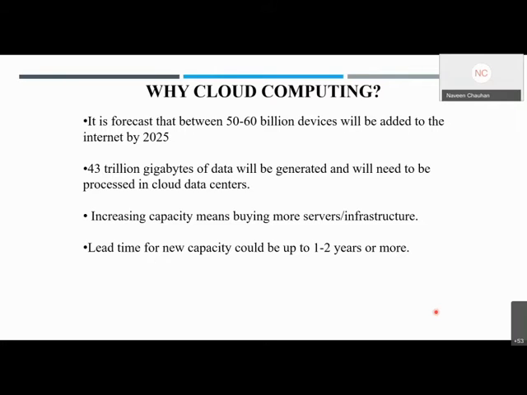By 2025, we are going to have this many devices connected to the internet, so obviously we'll have to expand the capacity of our servers and infrastructure, and this may require some time.